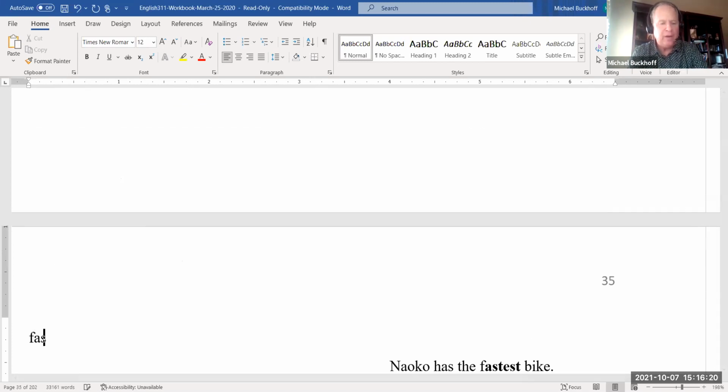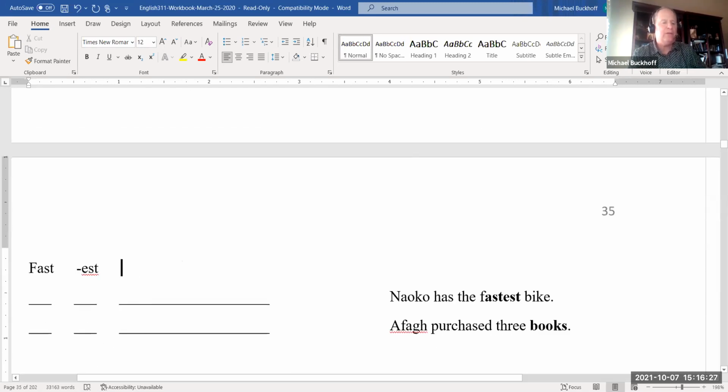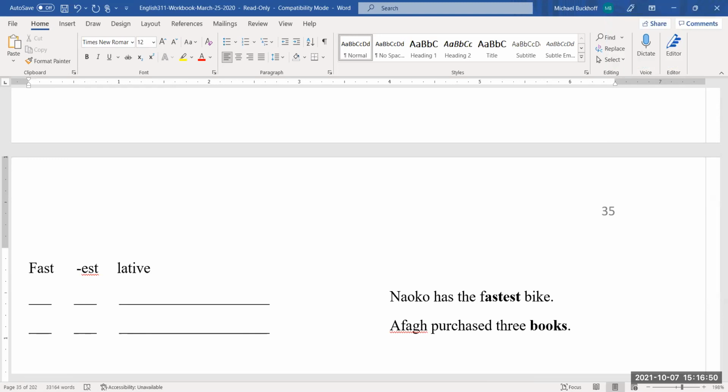Okay, let's go with fast and then EST. So what's the purpose of the EST? We have to take comparative and then move it one step higher than that. And what is the next step after comparative? We know it's going to be the same ending, but what is the beginning of it? The superlative.